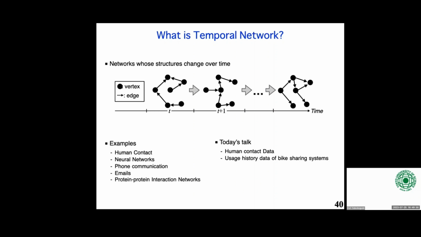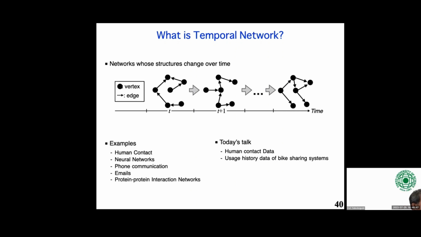As I have just mentioned, a temporal network is a network whose state changes over time. For example, in this figure, the state of the network at time t changes at time t plus 1.